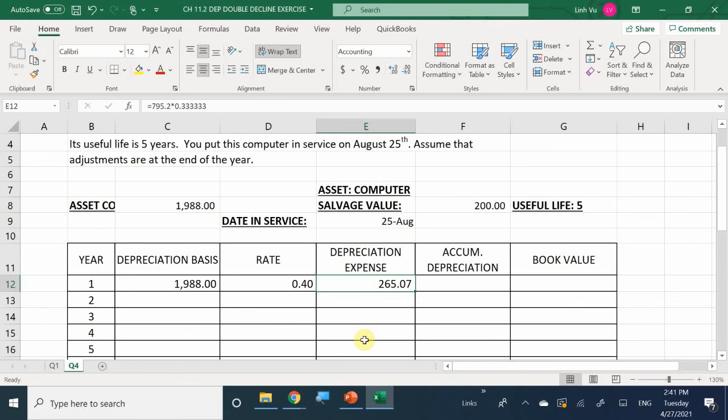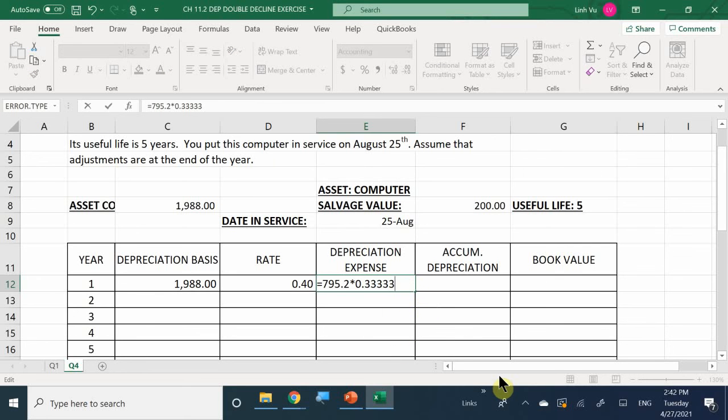Okay, and then times 0.333. How much? Oh no, I didn't do equal round. I got 265.04 because I did not do the equal round. No, it's because you didn't add enough 3s. I did like 6 or something. Yeah, I did quite a few. Again, 265.07.